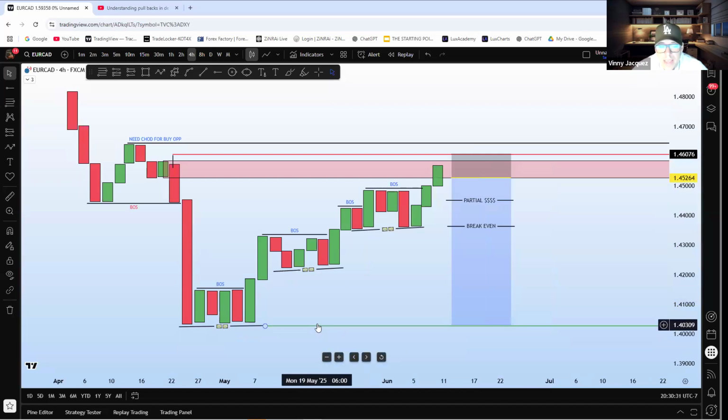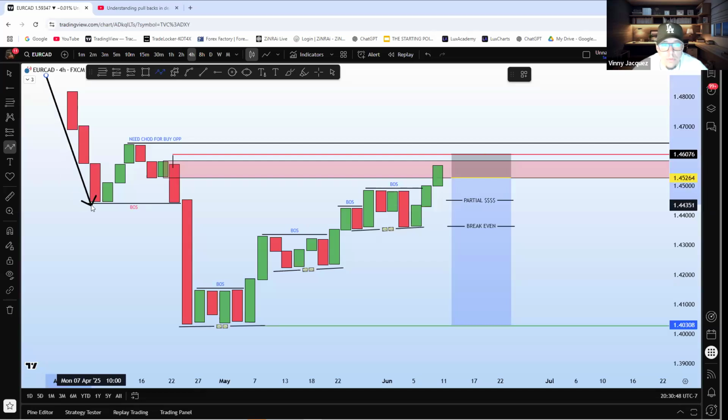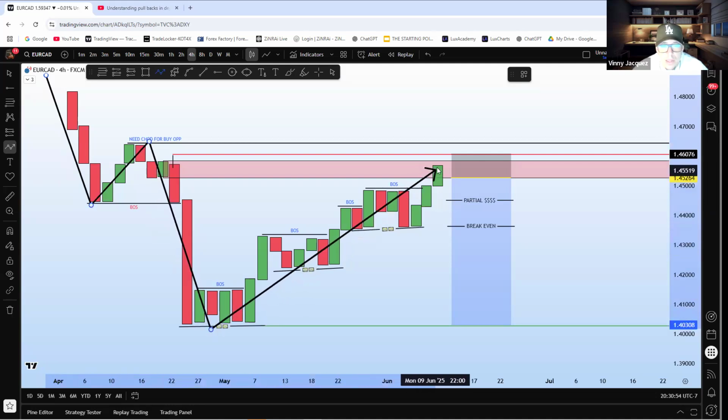I want to use this as my swing take profit because, not only because of liquidity, that's one reason, right? But if the market's in a downtrend, we want the market to continue that downtrend, right? Now, if this is my lower low and this is my lower high, this is my lower low, this is my lower high, we would like the market to continue to make a new lower low in the future.